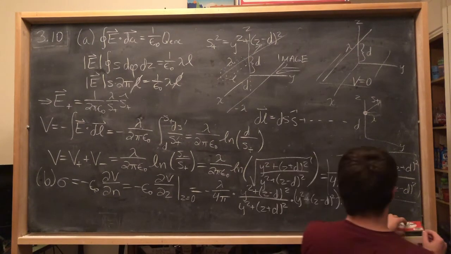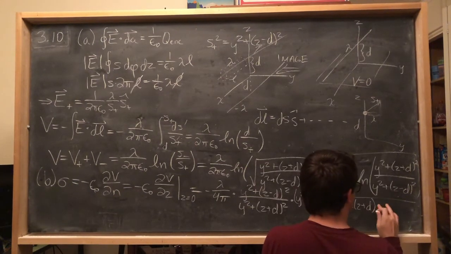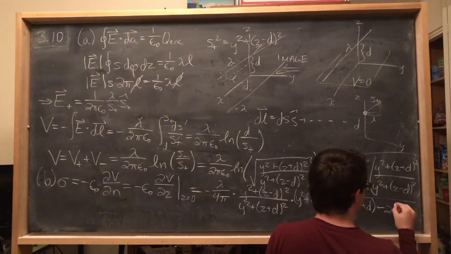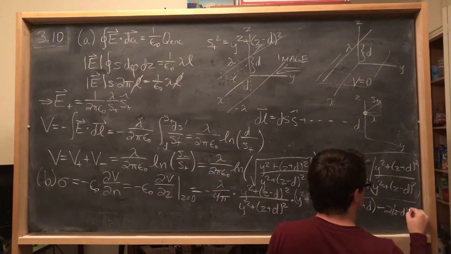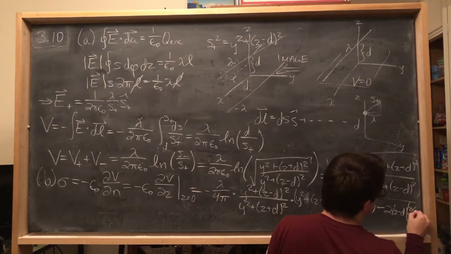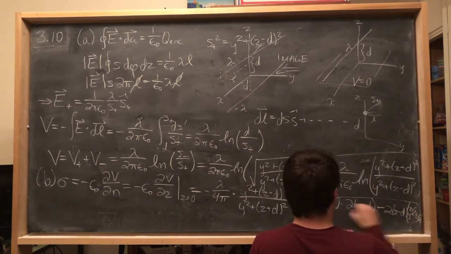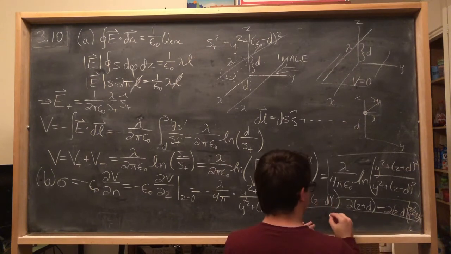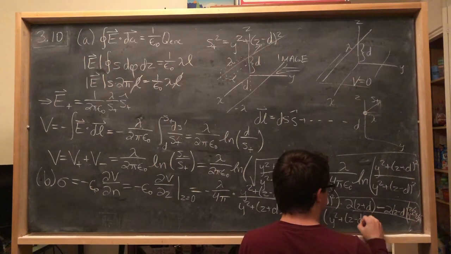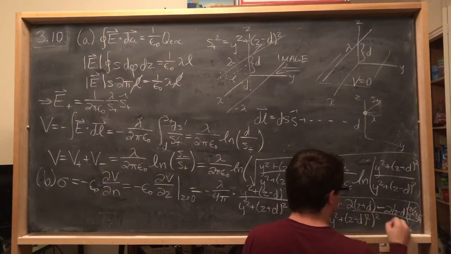And then minus the derivative 2(z minus d) times y squared plus (z plus d) squared, all over y squared plus (z minus d) squared.